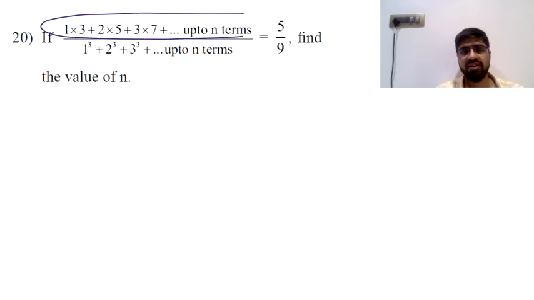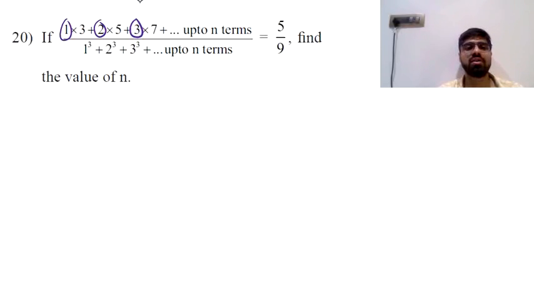In the numerator you have a sequence of terms, which if you realize it's 1 into 3, and you need to check the first element of every term. So it's 1, 2, 3 and so on. So in the numerator the first term is always going to be equal to r; the general term of the numerator, tr, will be written in this manner. The first term will be equal to r, into the second term, which will be 3, 5, 7.